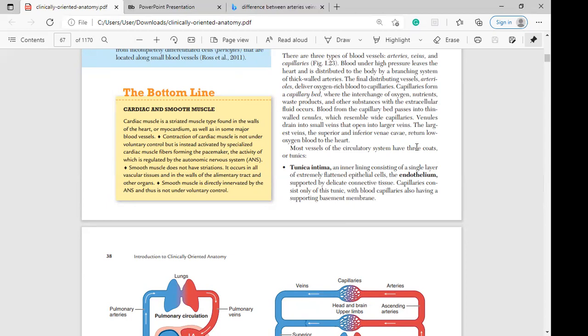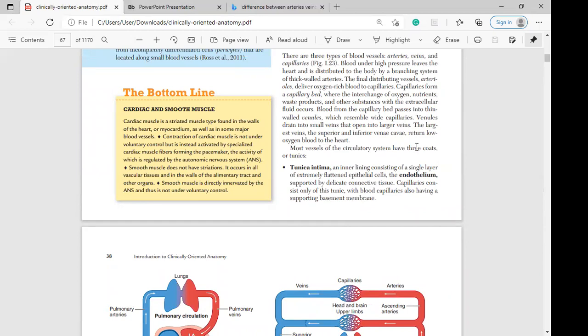So the tunica intima contains endothelium, and this endothelium is supported by connective tissue.